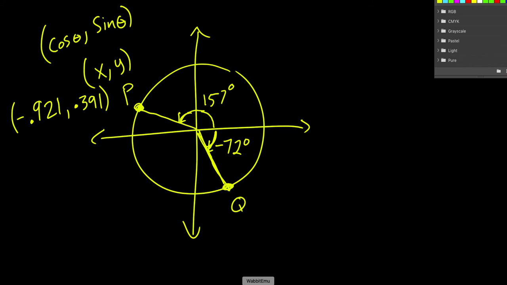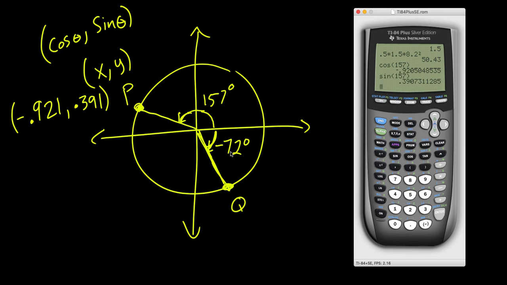Now we're going to go to the other one, and we're going to do the same thing, but we're just going to plug in a negative 72 instead. So cosine negative 72, hit enter, and then sine negative 72. And so the x value is 0.309.